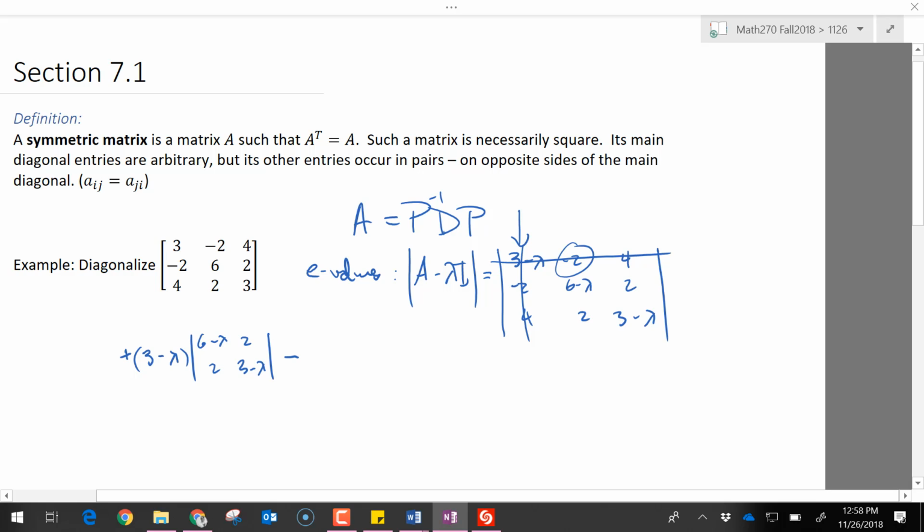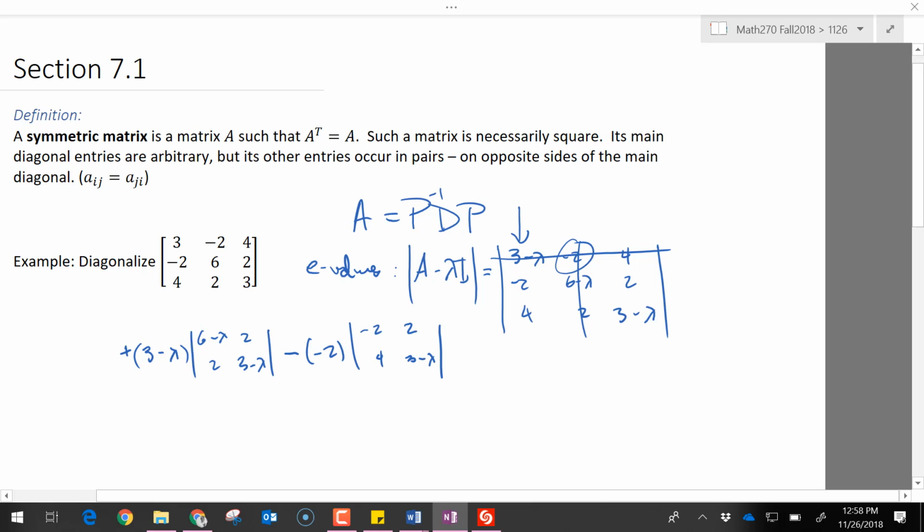So we've got minus negative 2 times the determinant of negative 2, 2, 4, 3 minus lambda, plus 4 times the determinant of negative 2, 6 minus lambda, 4, 2. In our last one, we cross out the last column and get this submatrix.